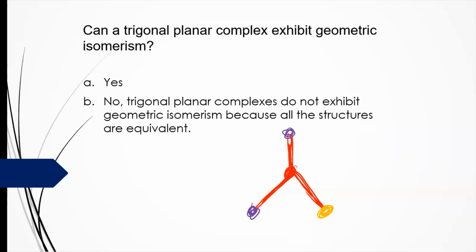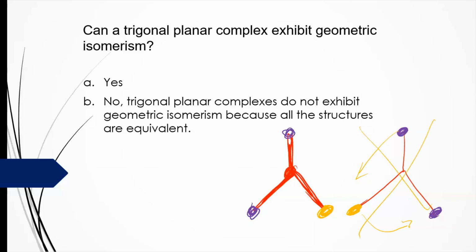If we made another one, we might try to put it like this. But if you keep rotating it, you can rotate it one back this way, and you'll see that it looks the same as the one at the left. So it's not an isomer.